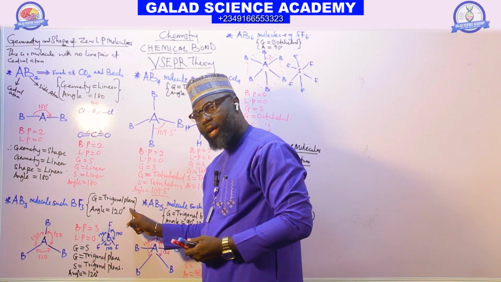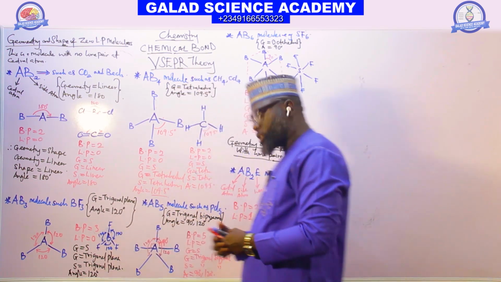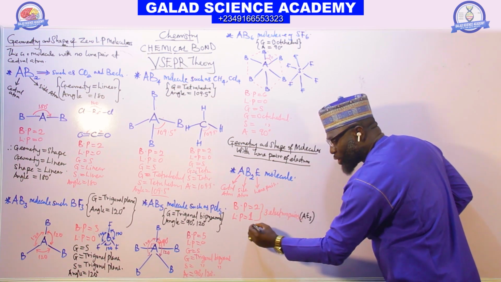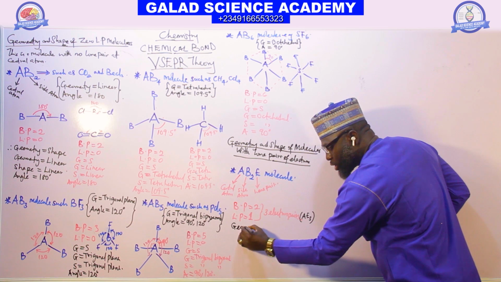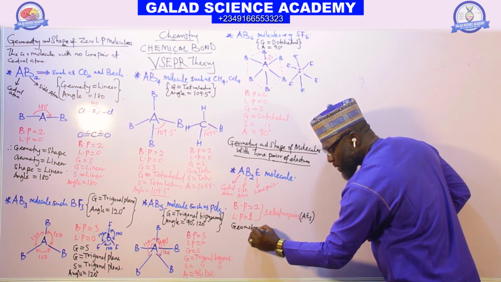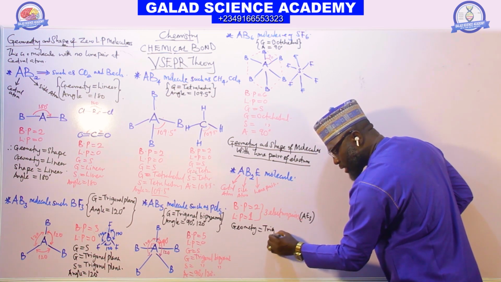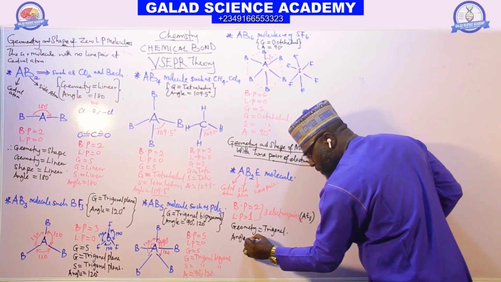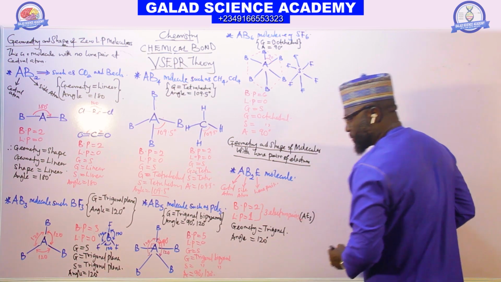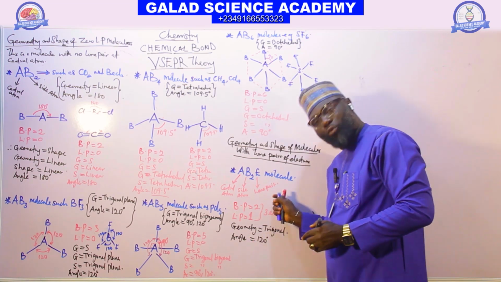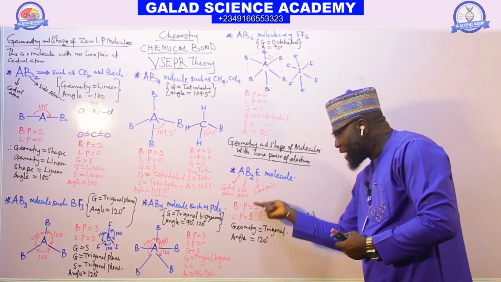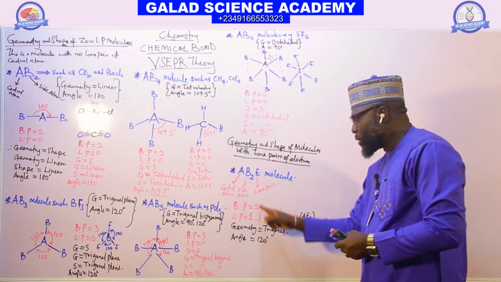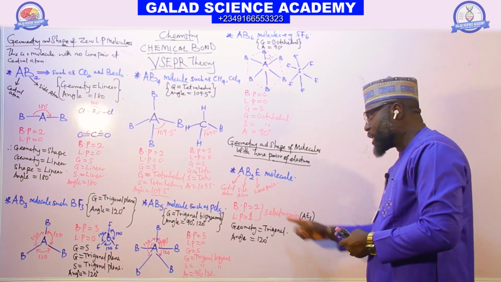Trigonal planar, with angle 120. So logically, this molecule is supposed to have a geometry of trigonal planar, with an angle of 120. For every molecule that has 3 electron pairs, it's the same thing as AB3. We have 2 bond pairs plus 1 lone pair, which gives you 3 electron pairs.